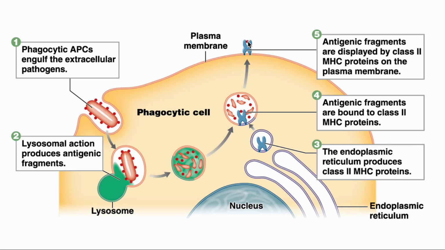And now that antigen is on display to other cells that recognize this MHC2 protein. So only some cells will pay attention to MHC1 or MHC2, but those MHCs are how other cells know that they should pay attention to that antigen.